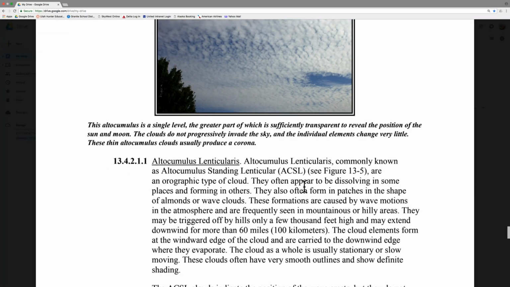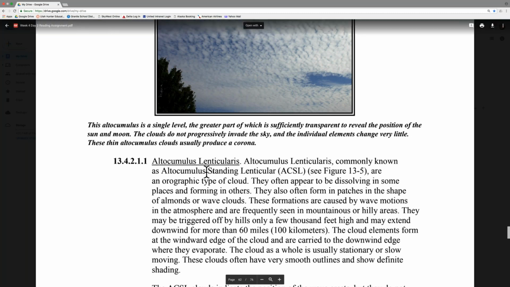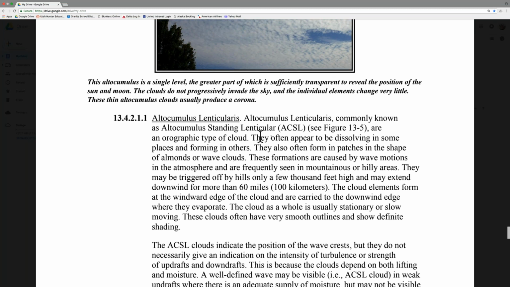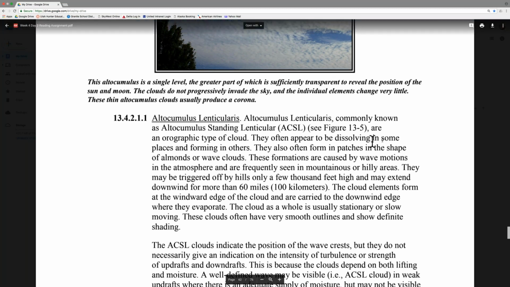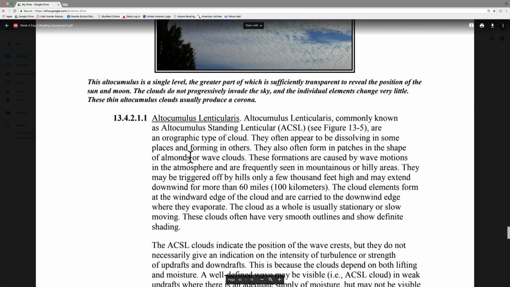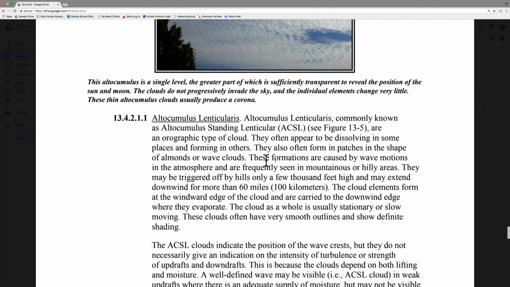Altocumulus lenticulars, also known as altocumulus standing lenticulars, are an orographic type of cloud. They appear to be dissolving in some places and forming in others. They also form in patches in the shape of almonds or wave clouds.